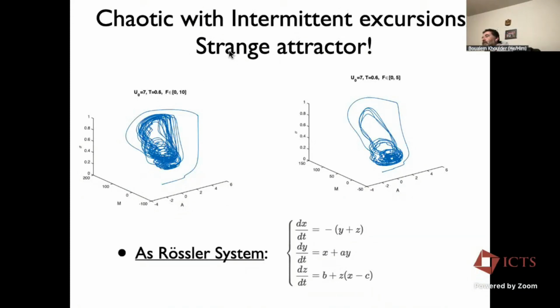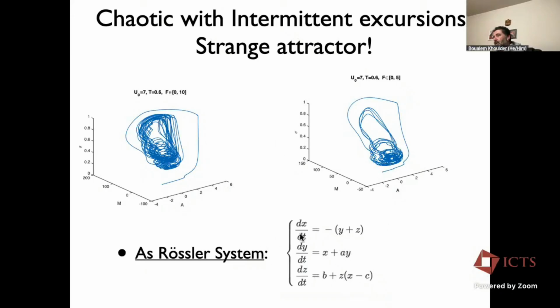This is not like a Lorenz system. It's more like a system known as the Rössler system. It's very well known in the theory of dynamical systems. This has a very weak nonlinearity. The nonlinearity is only in the Z variable. And this is the solution from the cloud model.